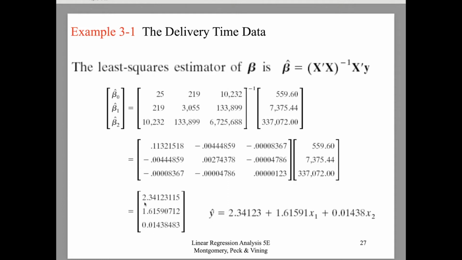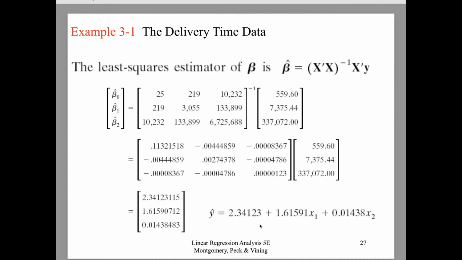So beta 0 hat would be 2.341231115. This would be 1.6159, which is beta 1 hat, and then beta 2 hat would be 0.01438 and some change. All right, and then writing out the fitted model, this is what it would look like.